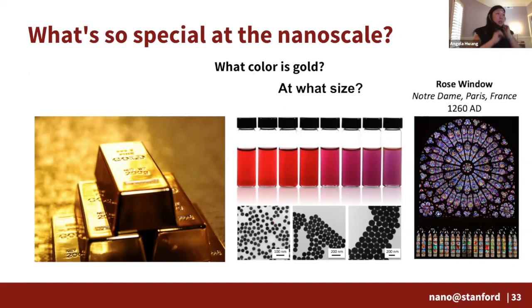And it's something that people have found in the Rose window in France. The Rose window is a really famous window in Notre Dame. I think they saved it during the fire. They were studying the colors of the window because, to take a step back, color can be exhibited by different things.